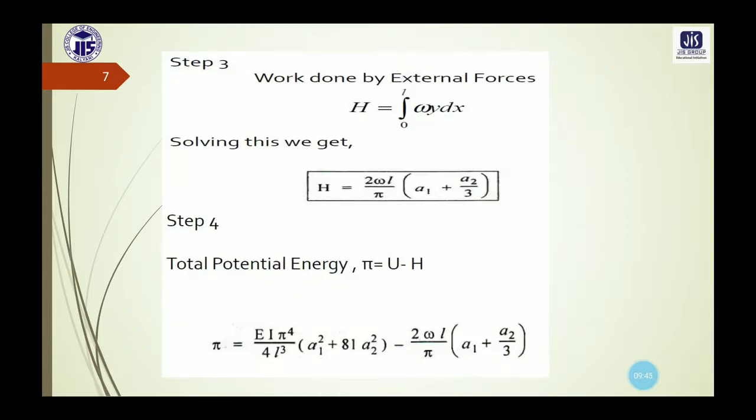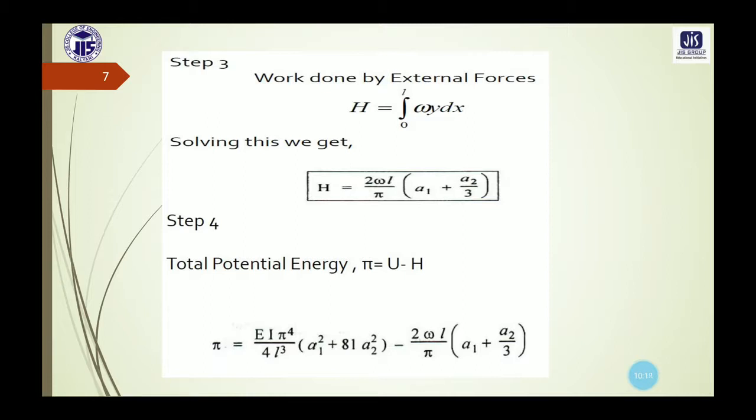Next, step 3 was to find the work done by the external forces, that is capital H. The formula for this capital H is integration 0 to L, omega y dx. Now we need to put the value of the approximation function y here, and after doing the integration, after several steps, we will get the final value of this capital H. This is 2 omega L by pi into (a1 plus a2 by 3).